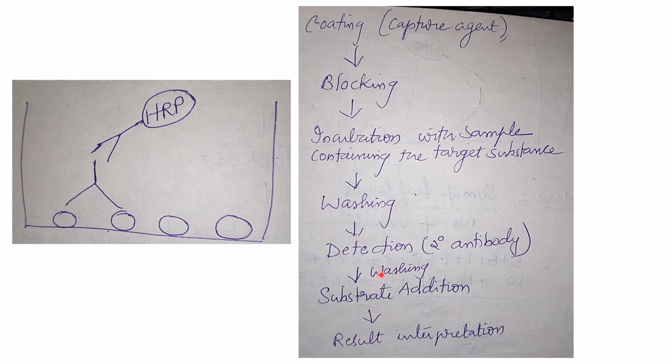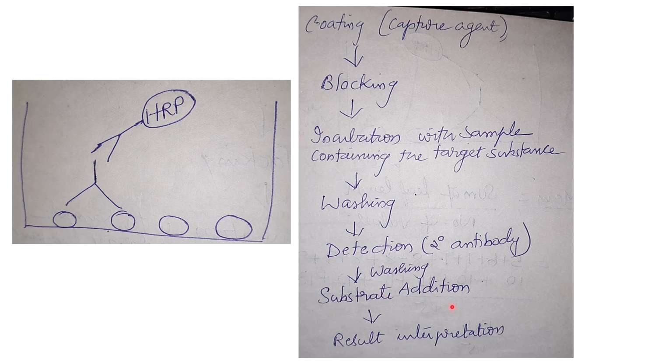If extra secondary antibody is present, which is unbound to the primary antibody, it can also react with the substrate and give a signal, which can result in improper interpretation or inaccurate results. So in this stage also you will do the washing.